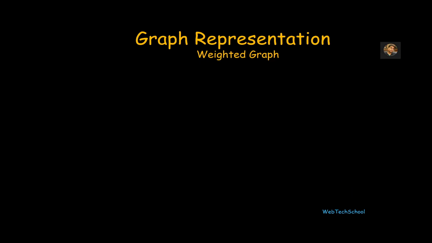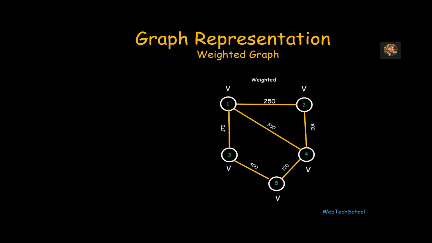Now let's look at how we can represent a weighted graph in terms of adjacency list. Considering this graph where we have an integer associated with every edge, how can we store this? What we have understood for storing it in adjacency list format is that we need a hash table. In the hash table, we'll have keys, and each key will be associated with a linked list.